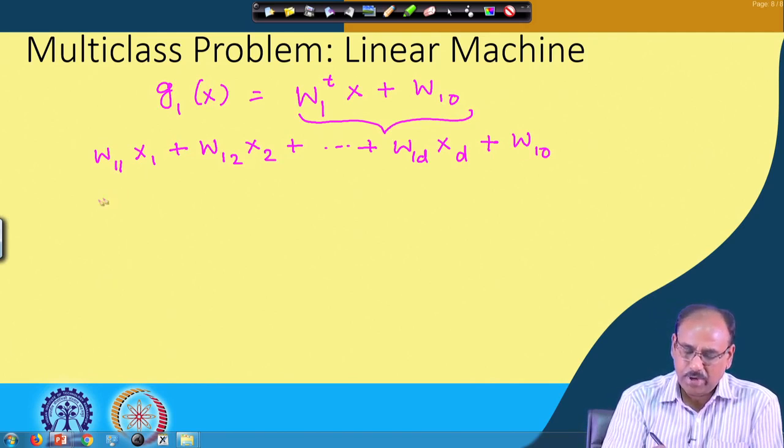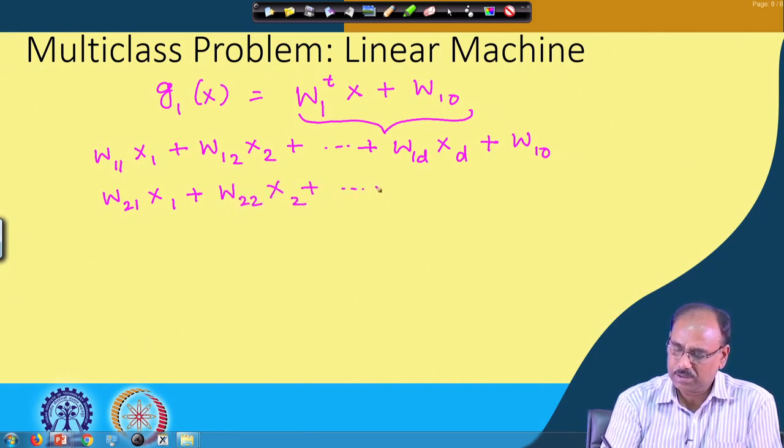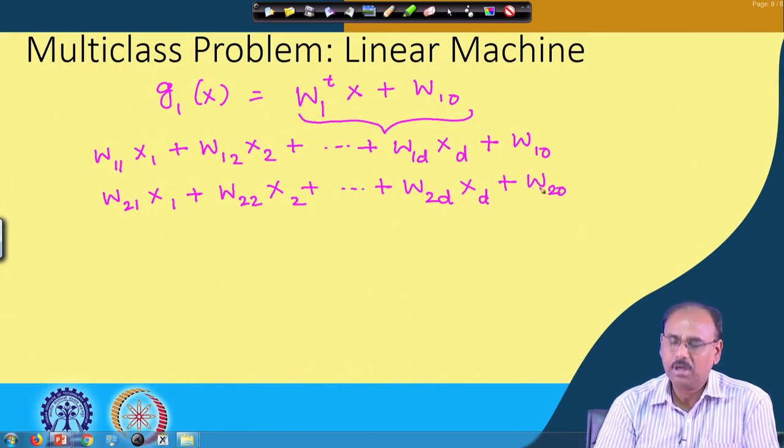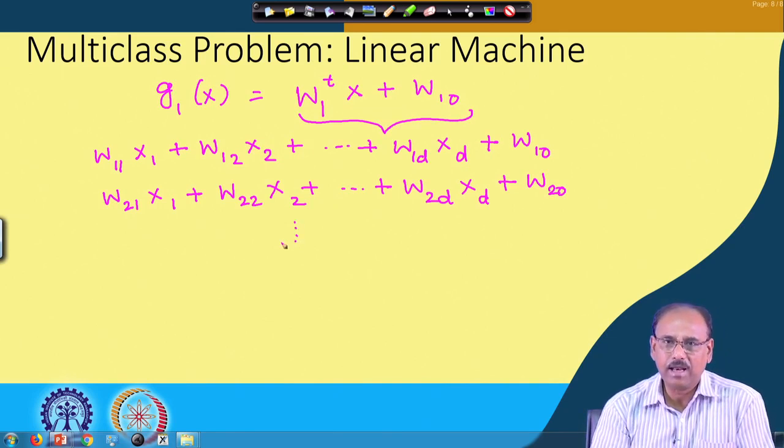Similarly, g 2 x becomes w 2 1 x 1 plus w 2 2 x 2 plus continue like this w 2 d x d plus w 2 naught, which is the bias for category 2. And as I have got k number of classes, I will have k number of discriminant functions.